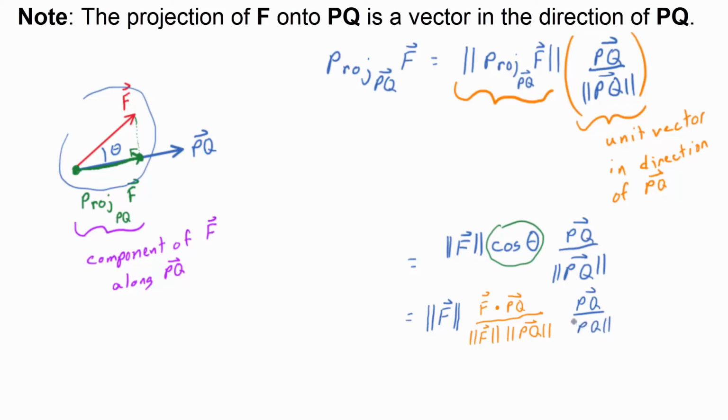So the stuff in blue didn't change. Everybody with me? Is there anything canceling here? Magnitude F cancels. And then we've got magnitude PQ times itself. So here's what we have: F dotted with PQ, and then I'm going to put the magnitude of PQ squared underneath it.